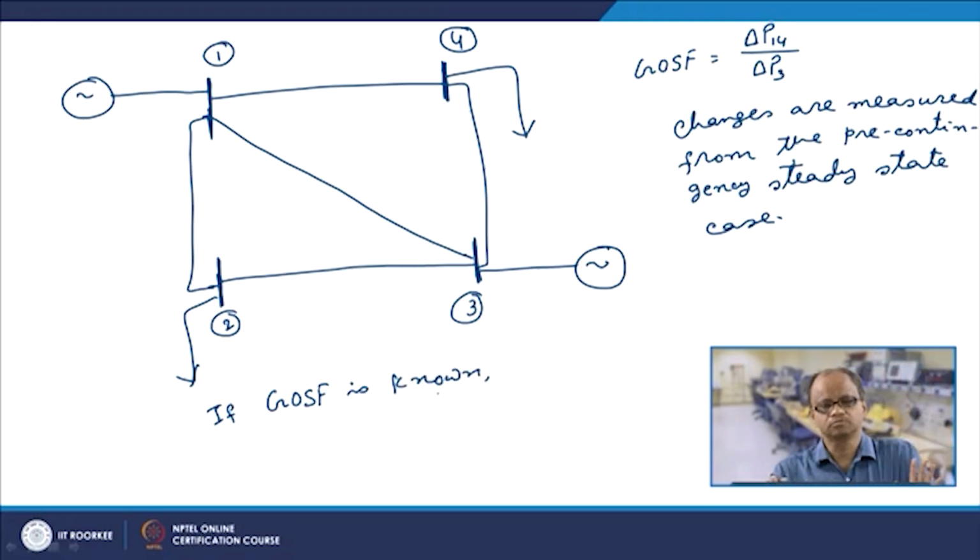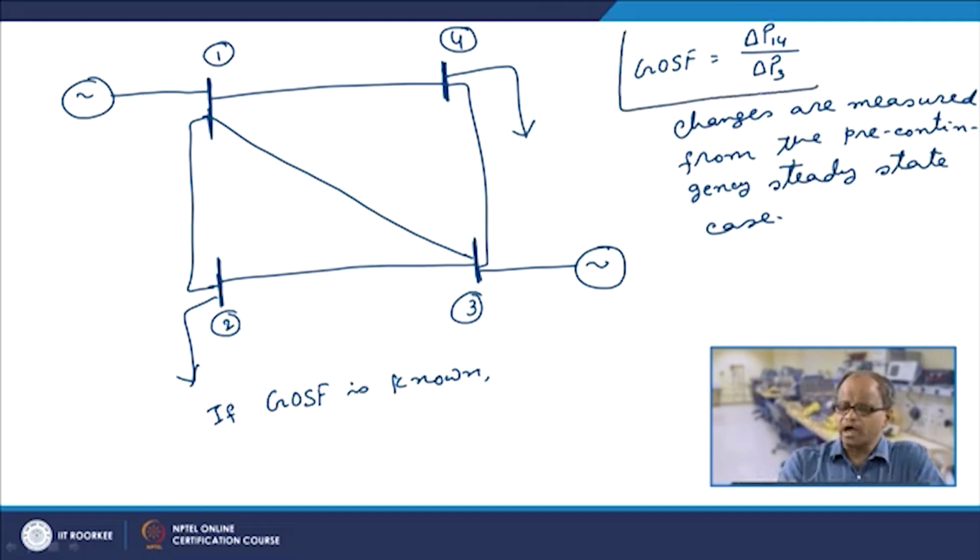By some means, I mean we will see how this particular GOSF is to be calculated. So, if GOSF is known, and I know the change in P3, then we can immediately calculate the change in P14.